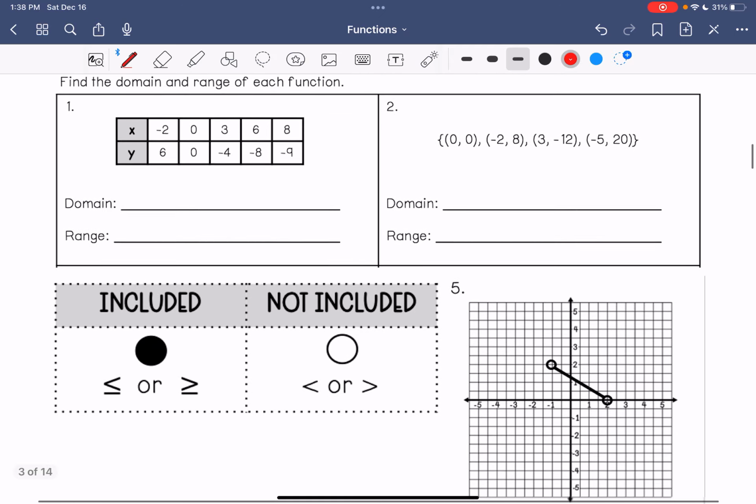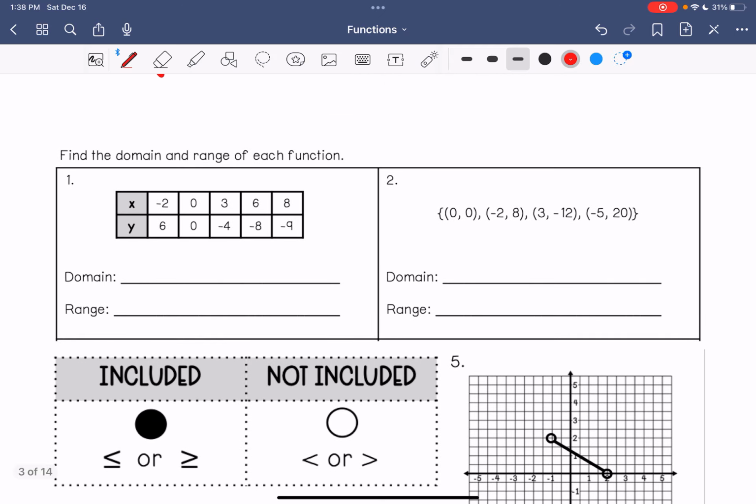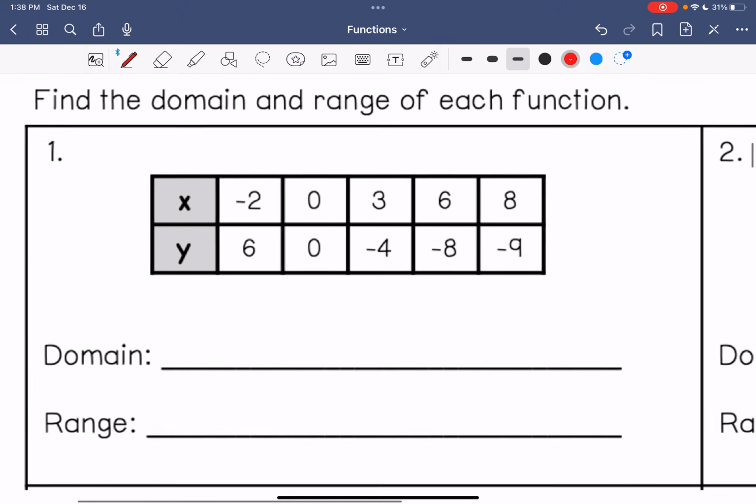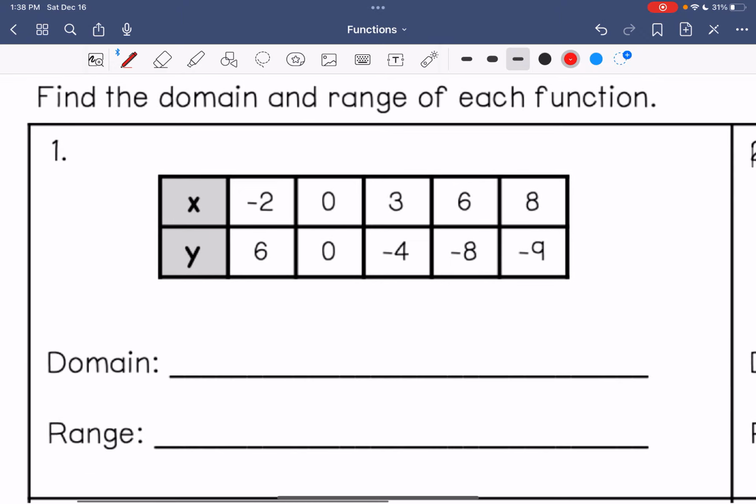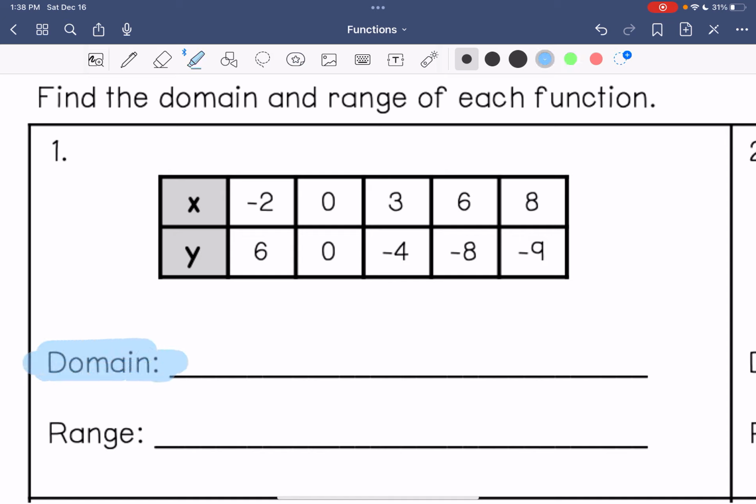Let's take a look at this first set of problems, finding the domain and range of each function. If you are given a table and we are looking for the set of all of our x values, we just need to look at what x values are listed in the table. And that's your answer right there.